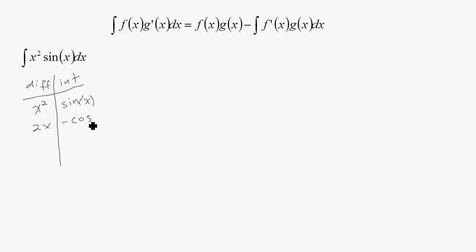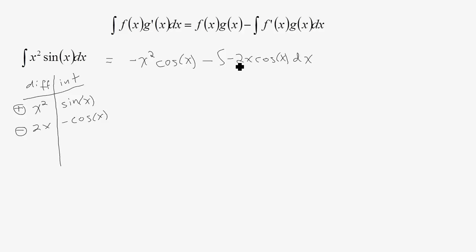Integrating again gives me minus cosine x. Remember, I'm going to have to take this product and subtract the integral of that horizontal product. So I get negative x squared cosine x minus the integral of negative 2x cosine x dx.